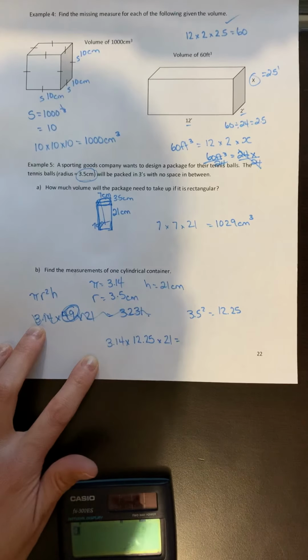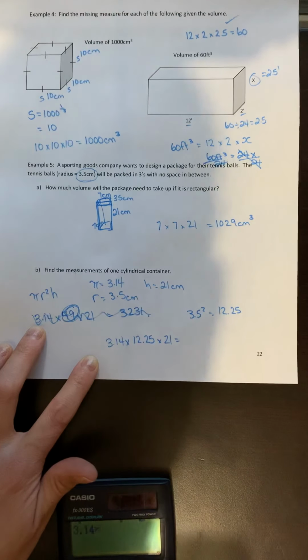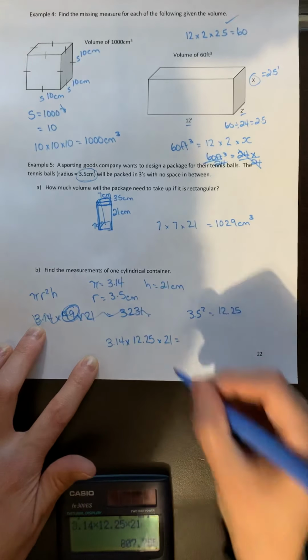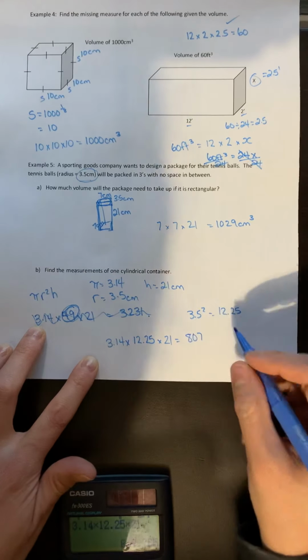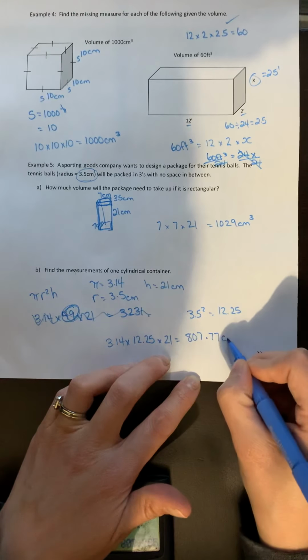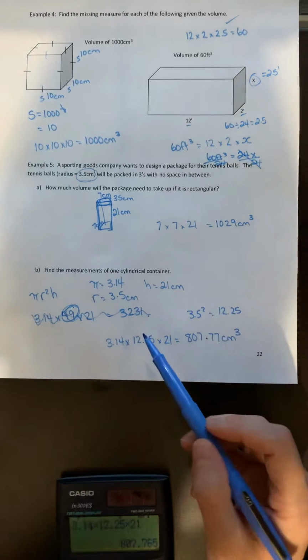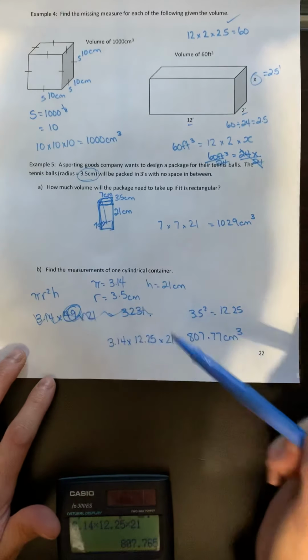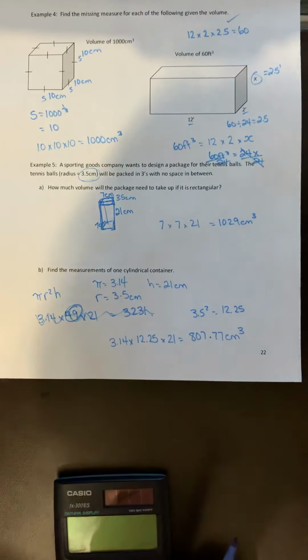So this is 3.14 times 12.25 times 21 gives me 807.77 centimeters cubed. Look at how big of a difference that was from that tiny mistake that I did. Okay, so there you are.